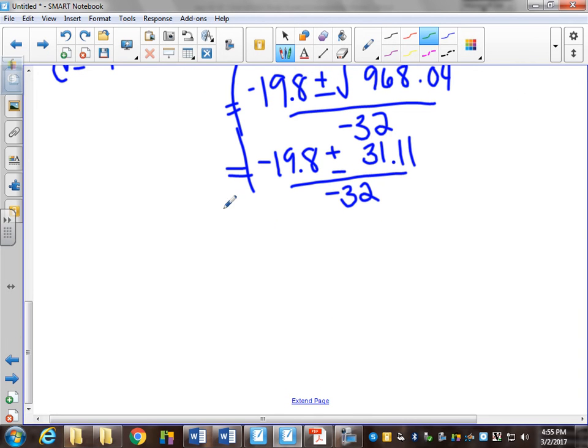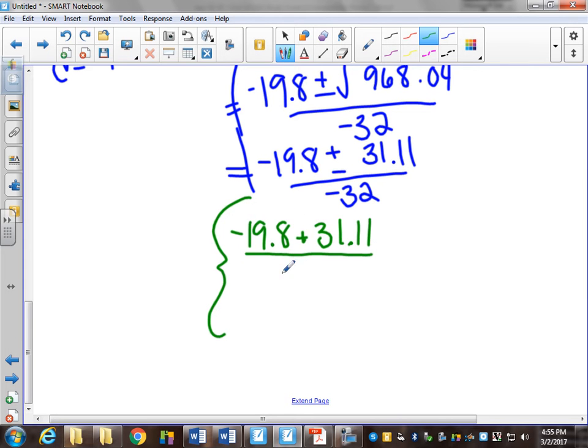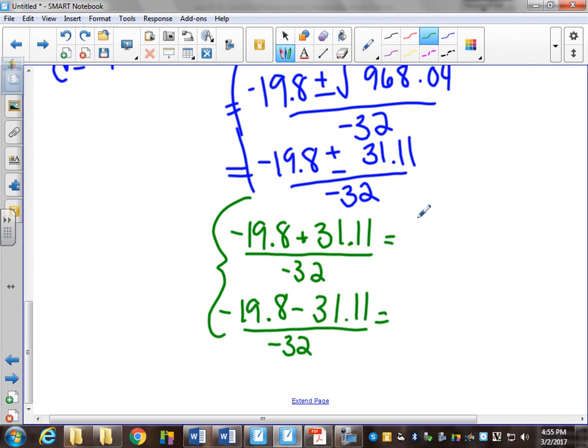So now we're going to have 2 answers. We're going to have negative 19.8 plus 31.11, all divided by negative 32, and minus 31.11. Negative 19.8 plus 31.11 is positive 11.31.